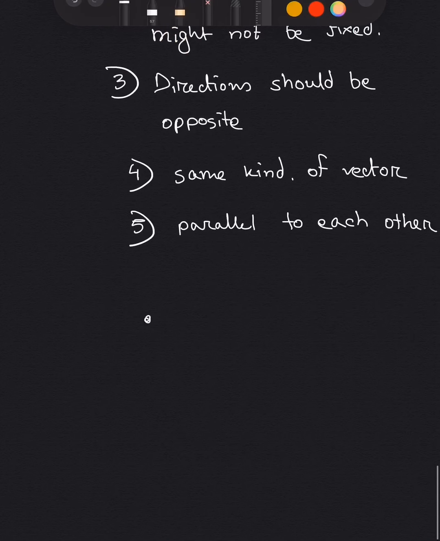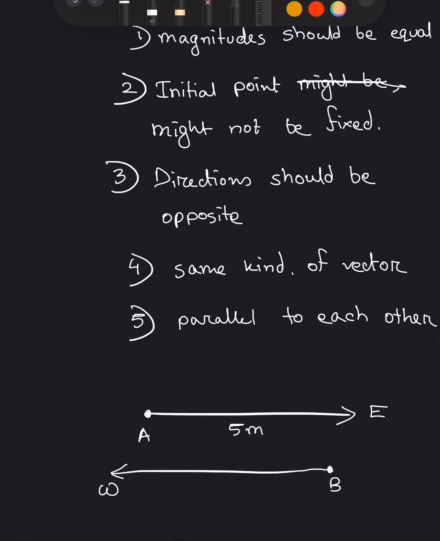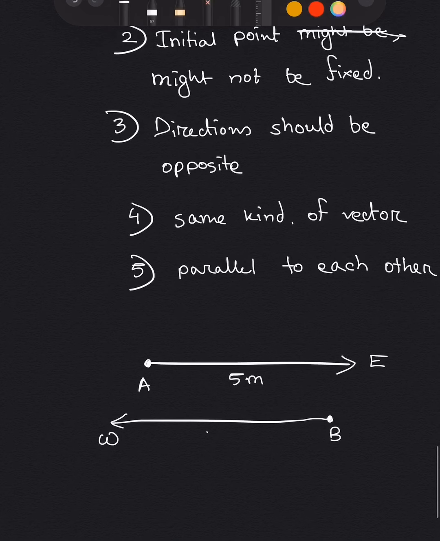Suppose you are facing your friend. You are here at point A and your friend here, he is at point B. You have traveled 5 meters towards east and he has traveled 5 meters towards west. Both of these displacements are parallel to each other and both of the vectors are of the same kind. Let the magnitude of the vectors, i.e. the magnitude of the displacements, be 5 meters.